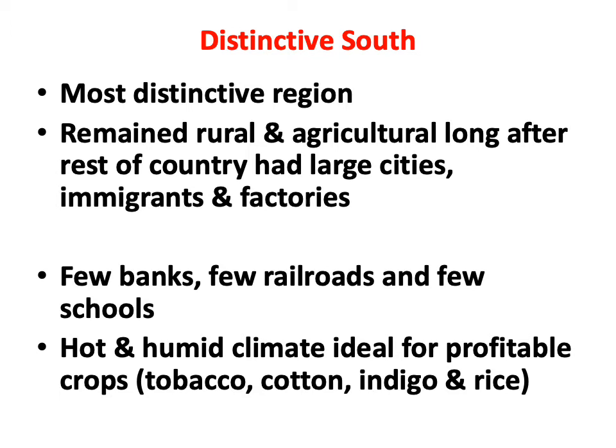At the same time, there were relatively few financial institutions. The transportation infrastructure was very primitive compared to the North. As we've seen before, there were relatively few railroads in the southern states, and there were very few schools.